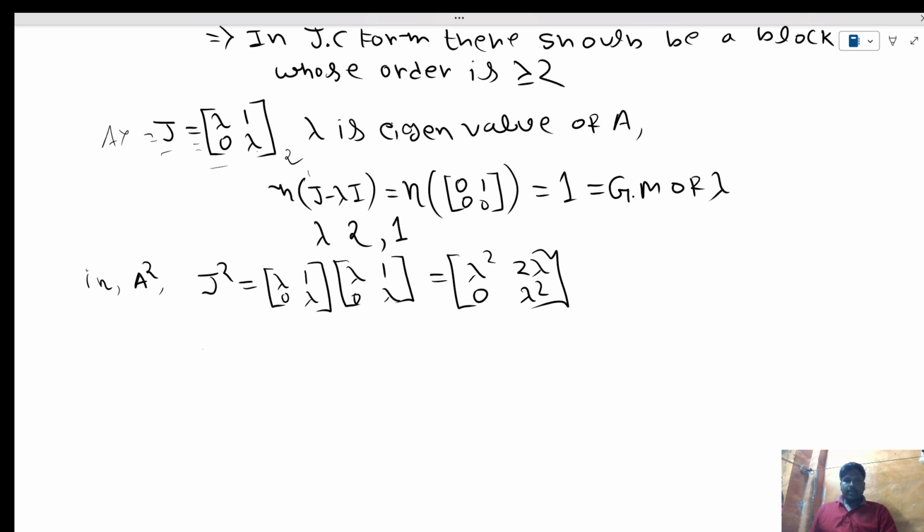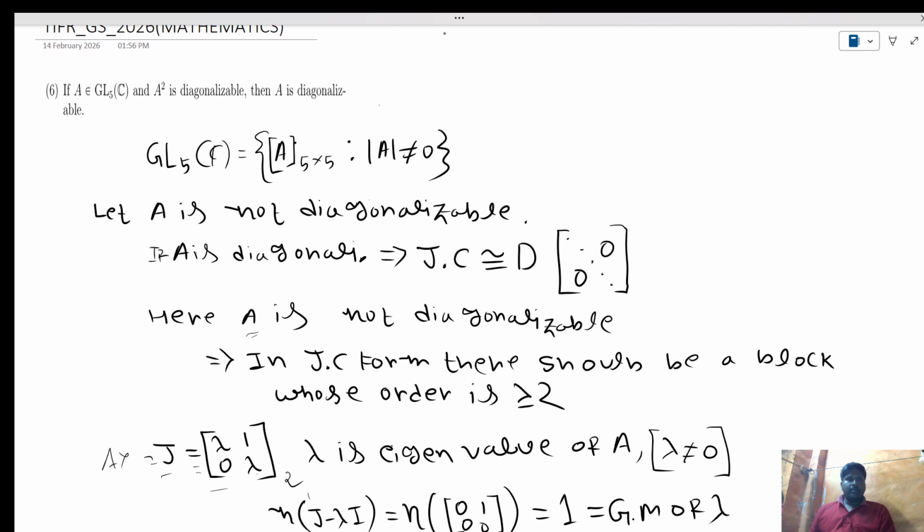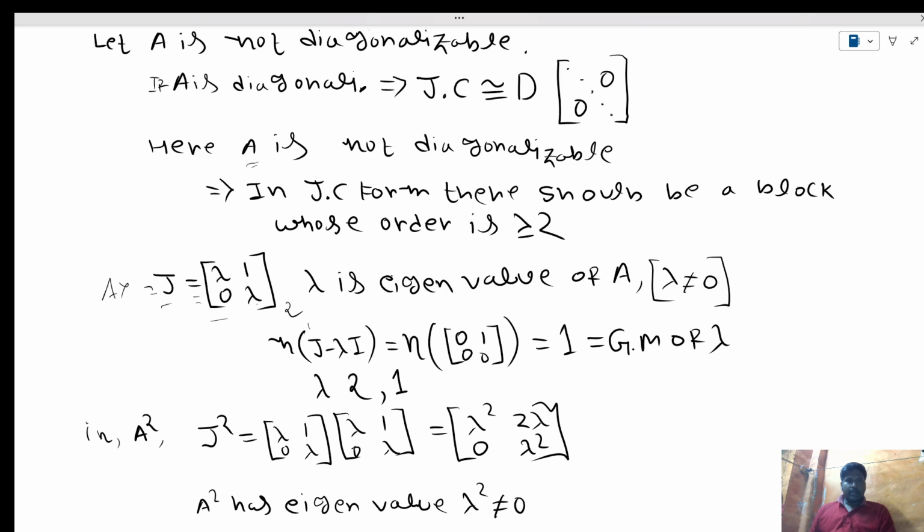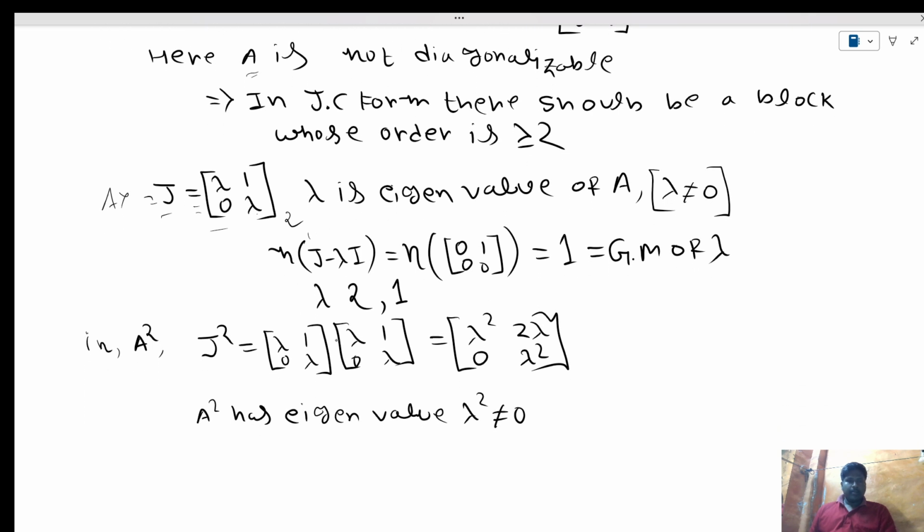That means A square has eigenvalue lambda square, which is not equal to 0, as we here take that lambda is not equal to 0. Let us take lambda not equal to 0 an eigenvalue. So here lambda square is not equal to 0 and also 2 lambda is not equal to 0.